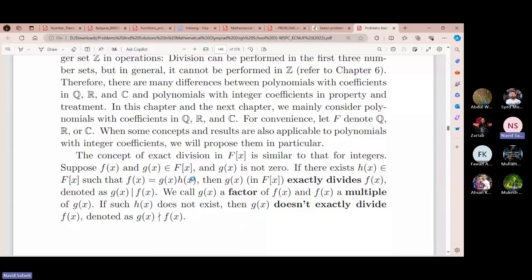And we write g divides f, or we say g is a factor of f and f is a multiple of g. If such h doesn't exist, then g doesn't divide f, and we use this notation.